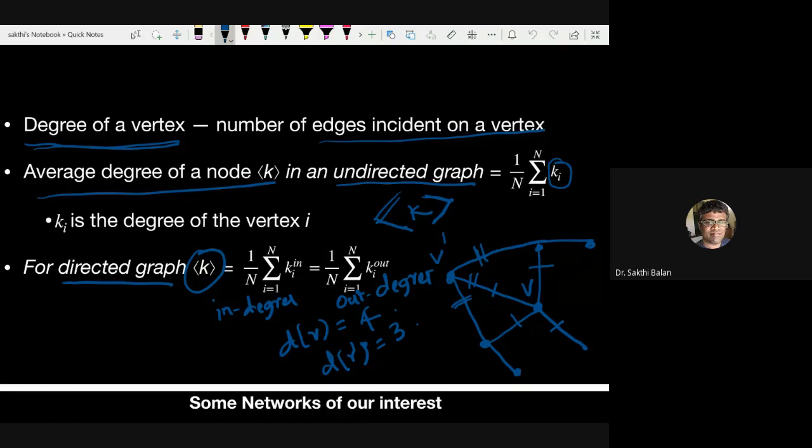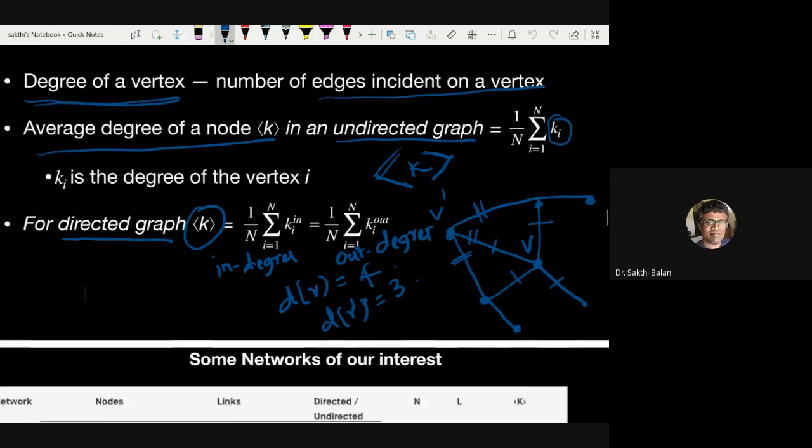But the average in-degree and the average out-degree will always be the same. I am not going to prove it, you can easily convince yourself. So this is the concept behind the degree and the average degree.